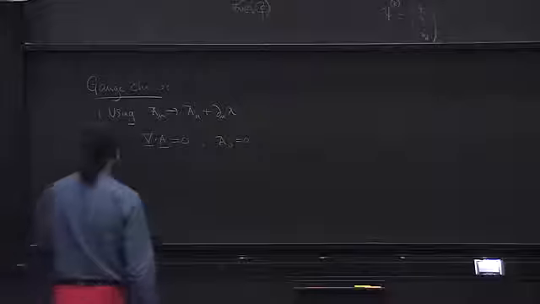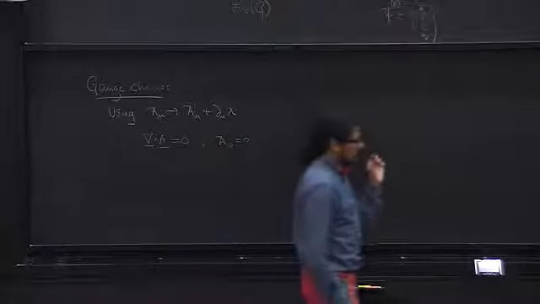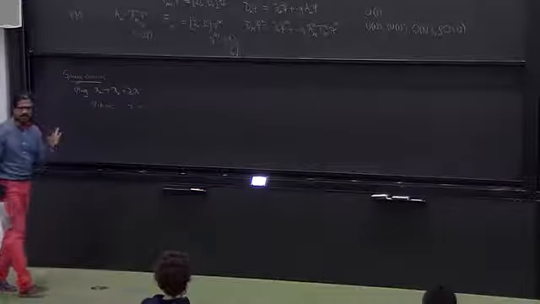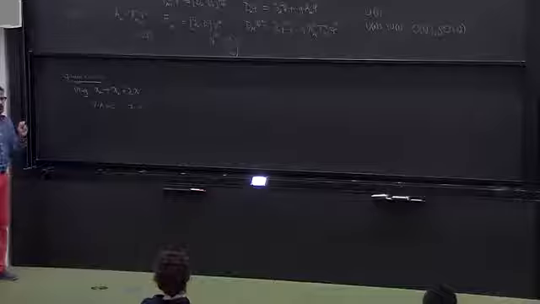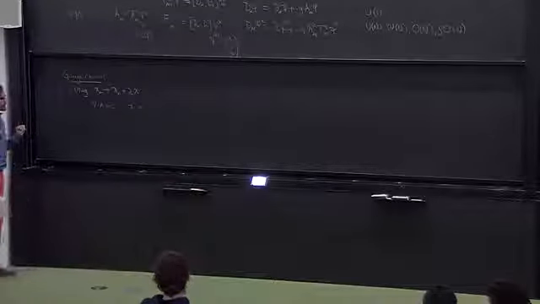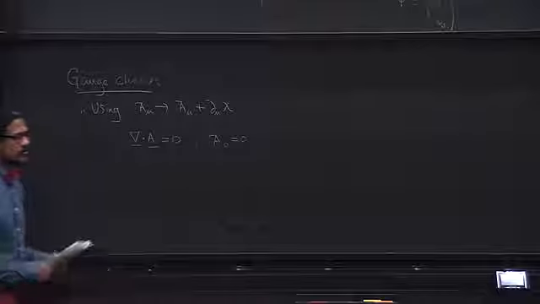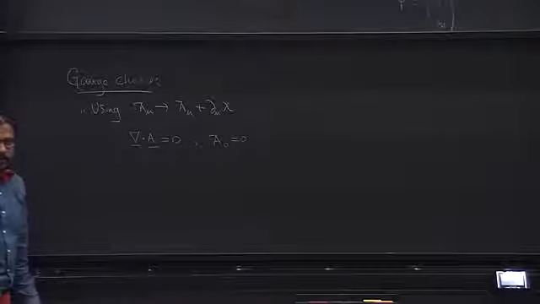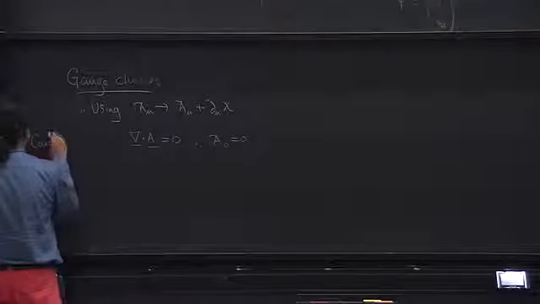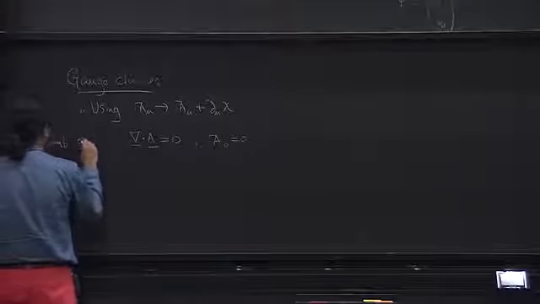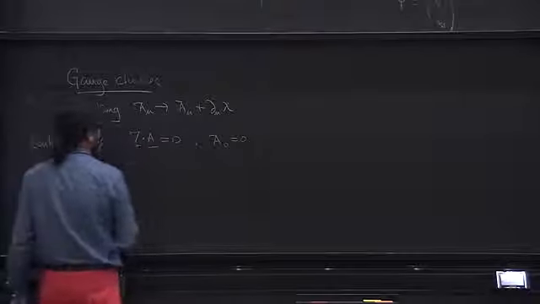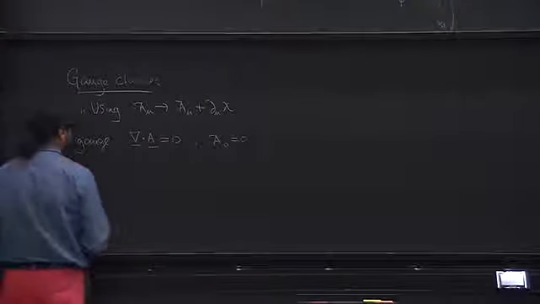For an electromagnetic field, you expect two polarizations of your field, but A mu has 4 components, and by using this condition, you get rid of 2 of the components of A mu. This choice is known as the Coulomb gauge.